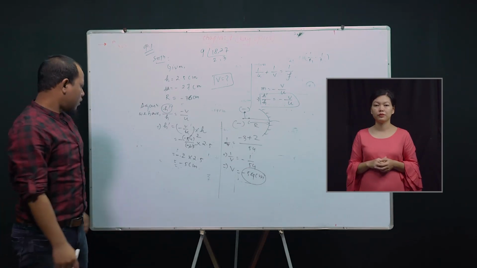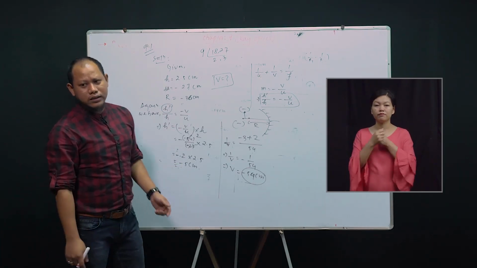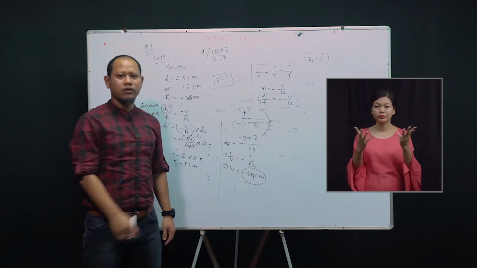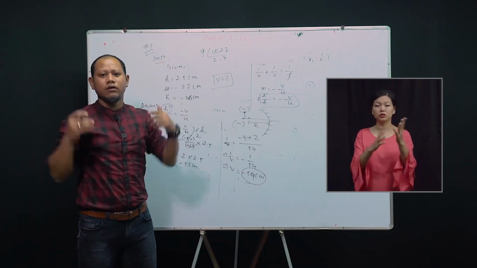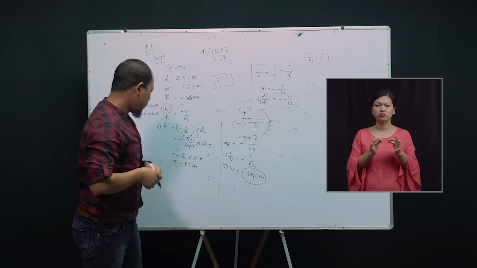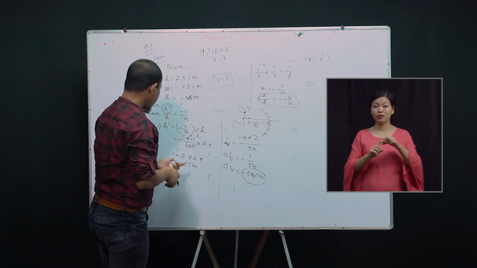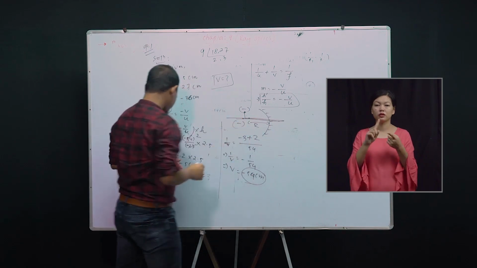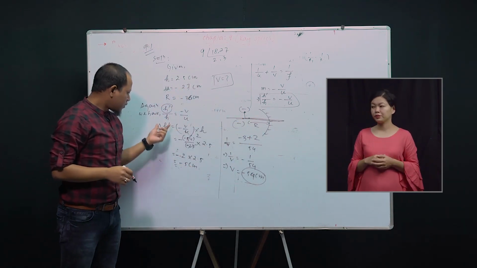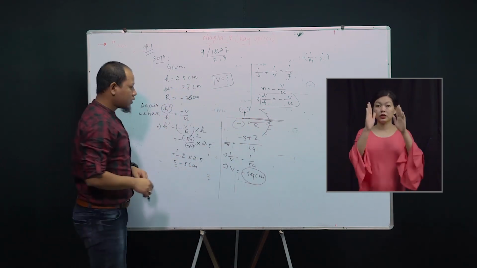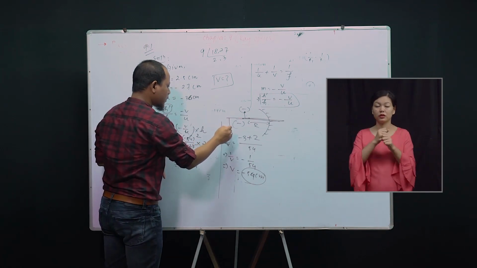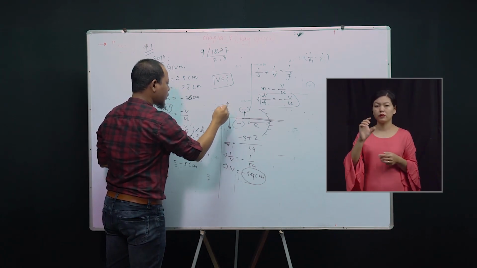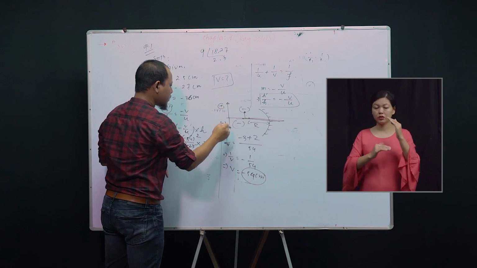Now dear students, what is the significance of that minus? As I already told you while discussing the mirror equation, this is the principal axis, and here they are denoting the size of the image. If it is above the principal axis, it is plus, and below the principal axis it is minus.